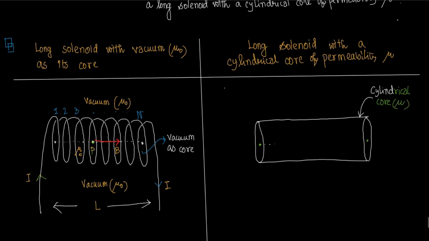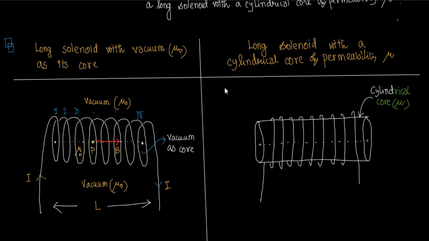We can denote the axis of this cylindrical core, and an insulated copper wire is wound on this cylindrical core in the shape of a helix. An electric current I is sent through this solenoid with a cylindrical core. At the point P on the axis of the solenoid, magnetic flux density B will be acting towards the right.